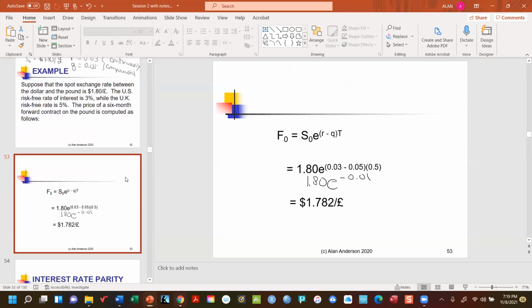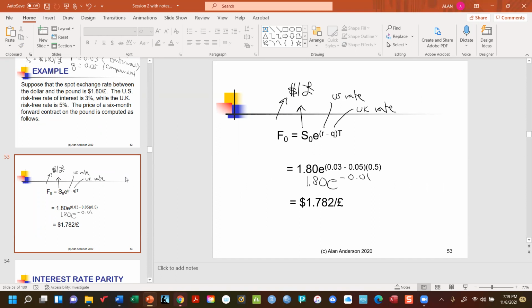So we plug in the numbers. And remember, this is the US rate. This is dollars per pound. As is this. This is the US rate. This is the UK rate.